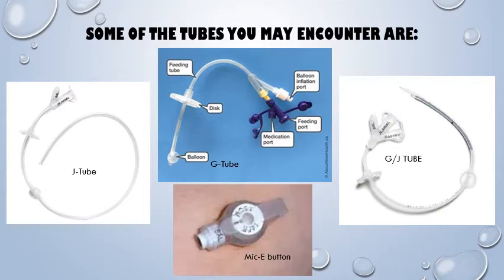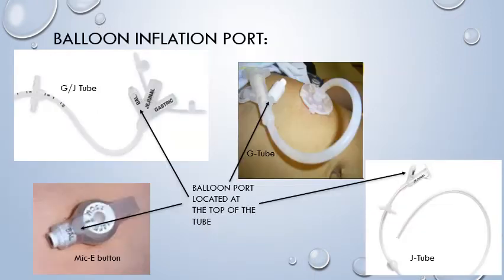Jejunostomy tubes or J tubes go directly into the small intestine. Some replacement tubes have a balloon inflation port at the top of the tube near the feeding port. Only a nurse or a doctor will insert or remove water from the balloon port. The balloon port is used to inflate the balloon with water.